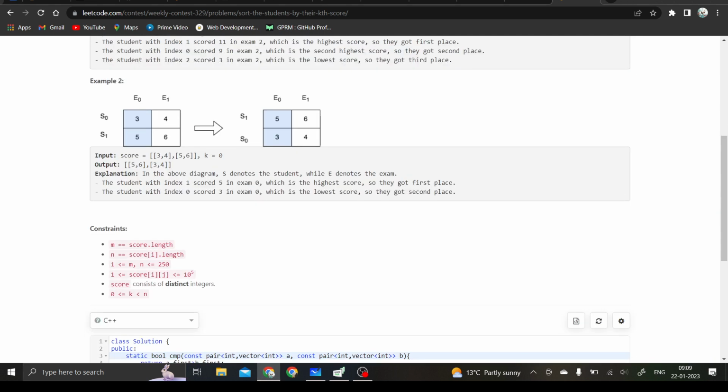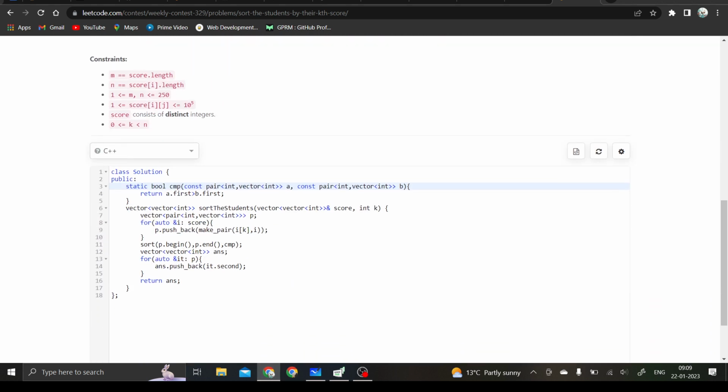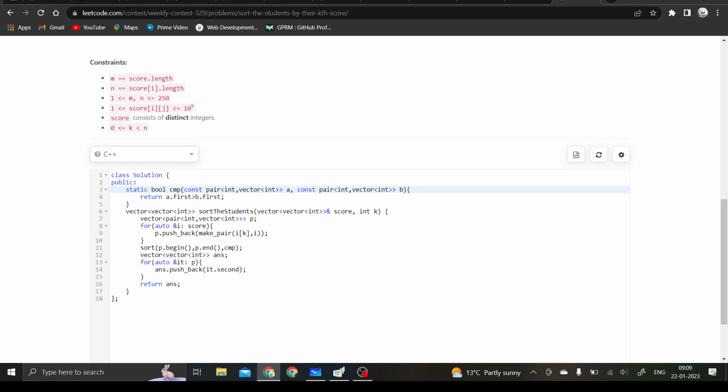Here, as you can see, we first created this vector of pairs called P. The first value is the integer, the value in the column that we are targeting, and the vector is the row corresponding to that value.